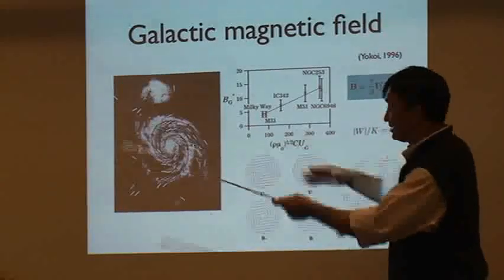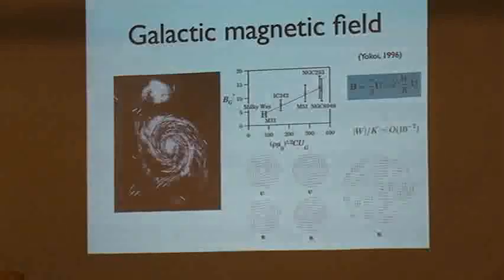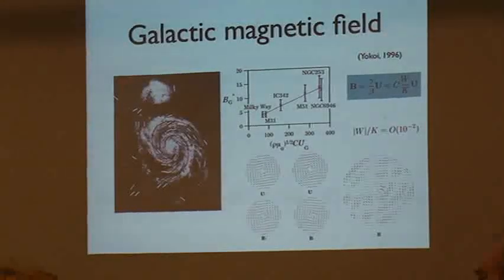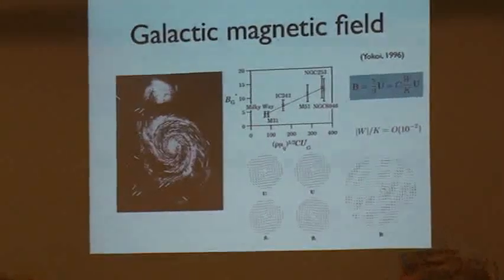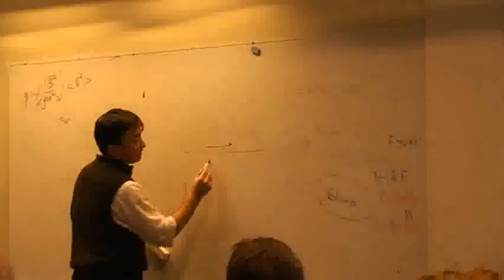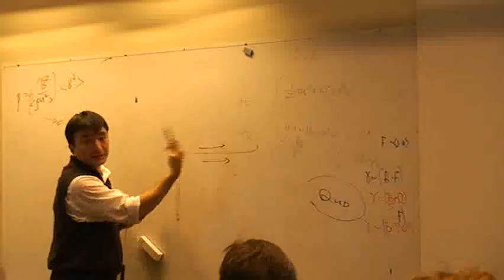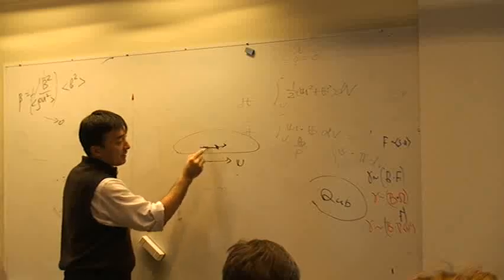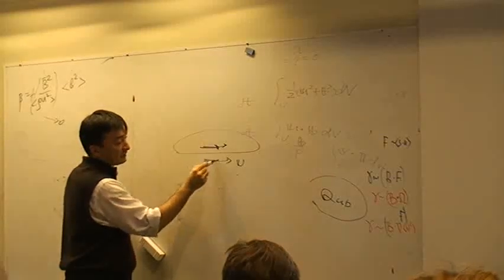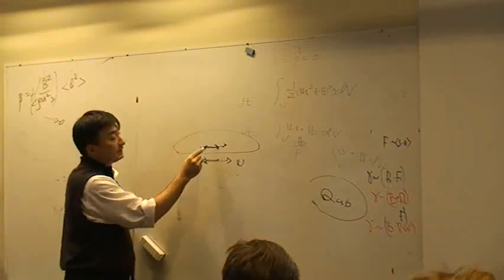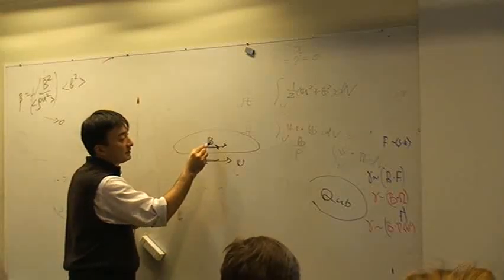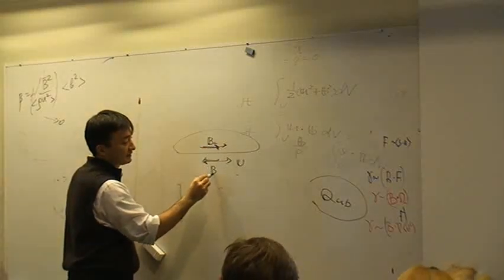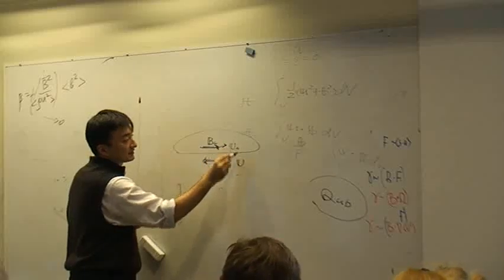As I showed you, with symmetric velocity we have parallel and anti-parallel magnetic fields. Then we consider B plus and B minus with U plus and U minus.